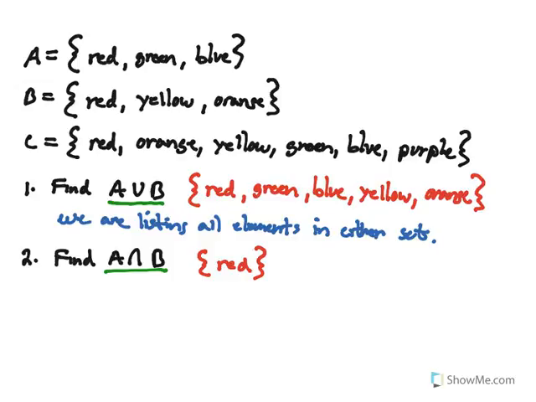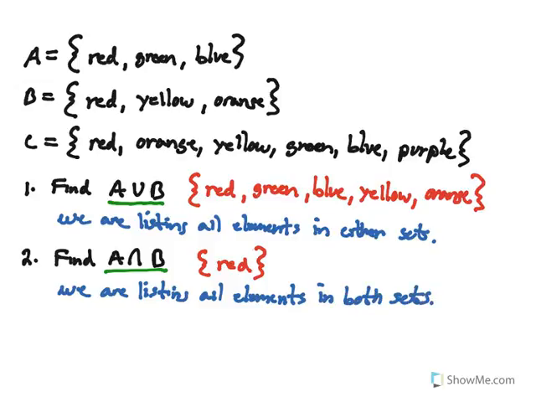We are listing all elements in both sets. Okay, that's the trick there. Well, red exists in both sets, so we just write one of them to represent it. You don't need to write red, comma red, because you only write it once.